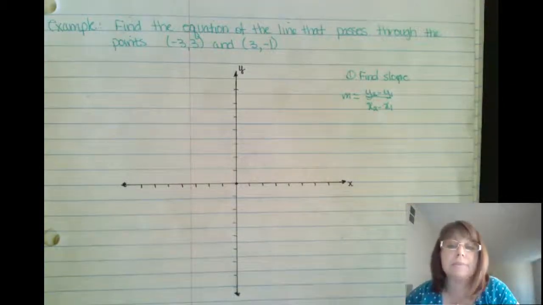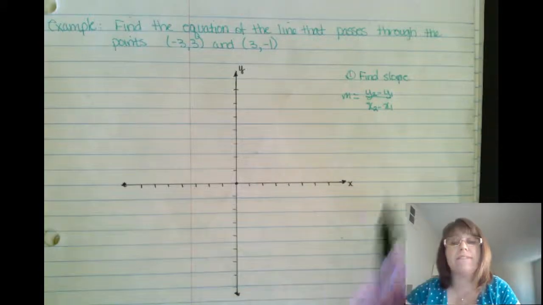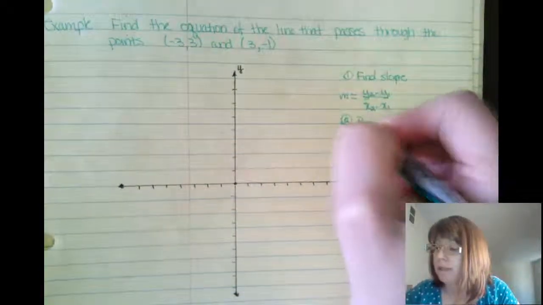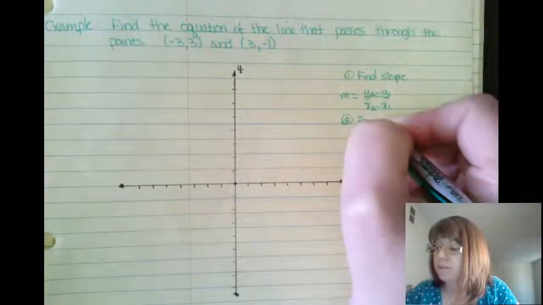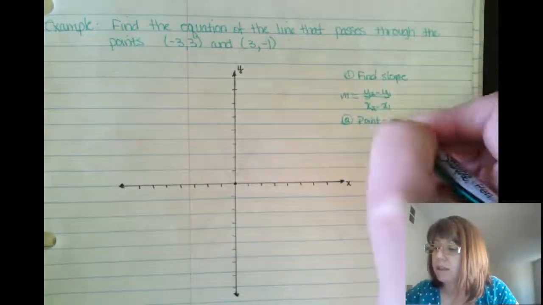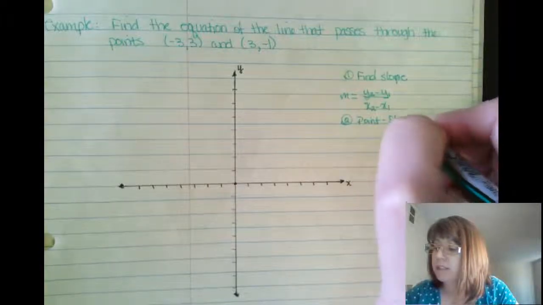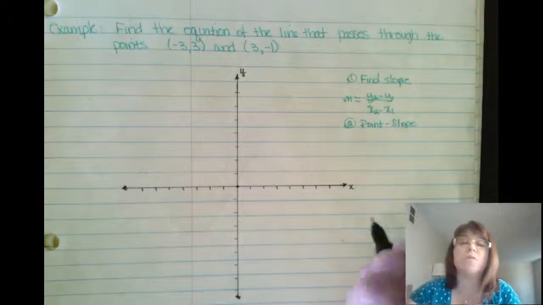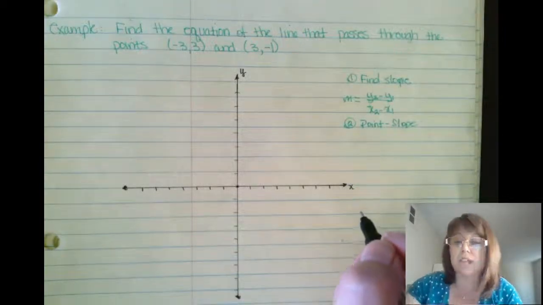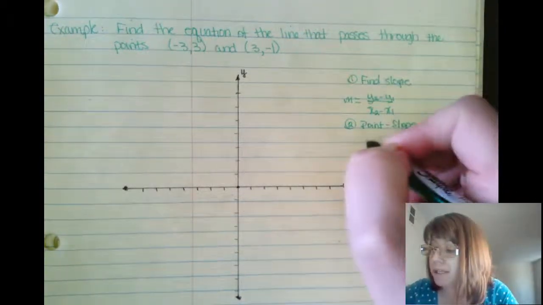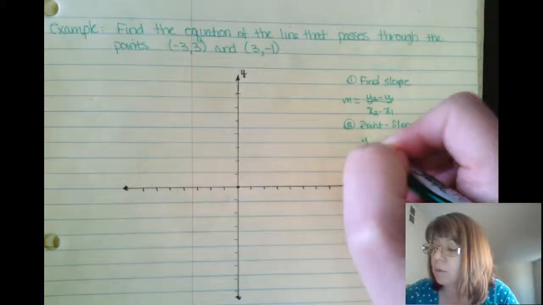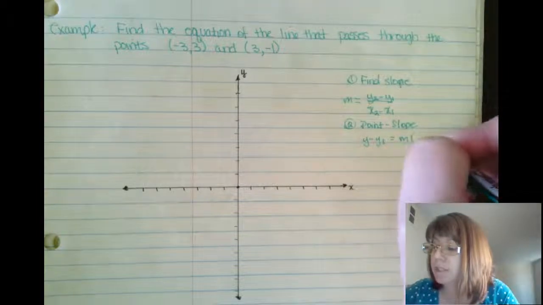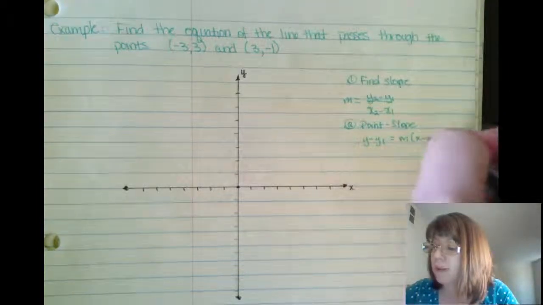The second part, once I find my slope, I'm going to use my point slope formula to solve for the equation of the line. So remember, the point slope formula is y minus y1 equals m times the quantity x minus x1.